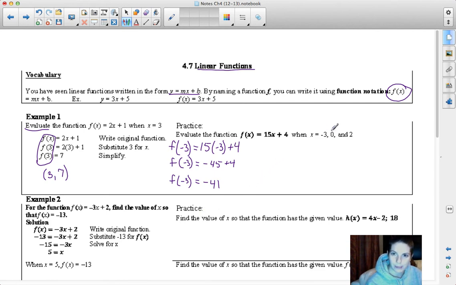Now let's do the next piece, because it asks us to do 3 values for x. Let's do f of 0 and f of 2. We need to do f of 0, and you need to do f of 2. Give them a try, and then come back and check your work.